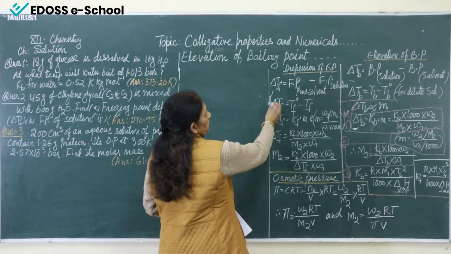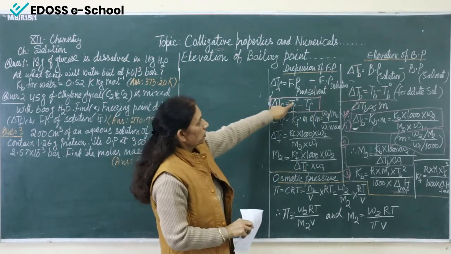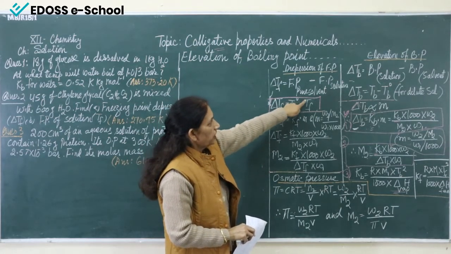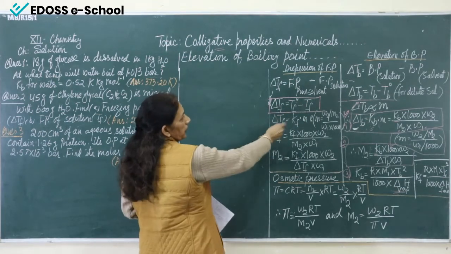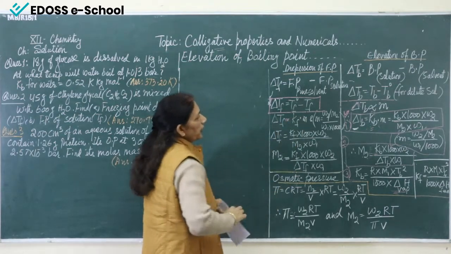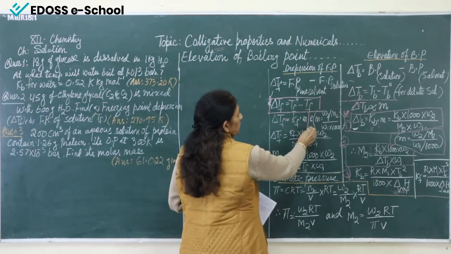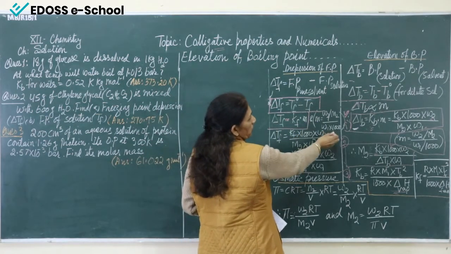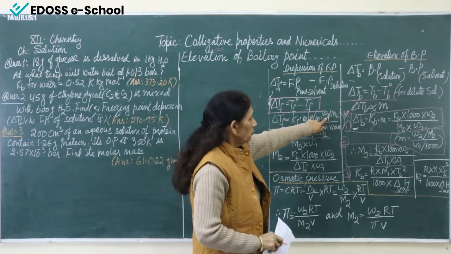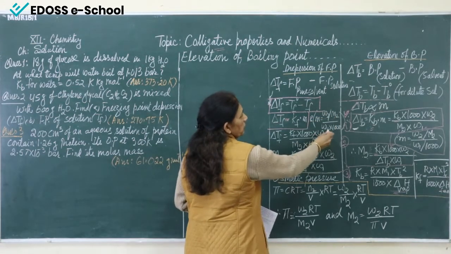So delta TF is equal to T naught F, the freezing point of pure solvent, minus TF, that of the solution. Again in the same way, delta TF is equal to KF into molality, m. And we know that molality is equal to mass of solute W2 divided by M2, upon W1 into 1000.